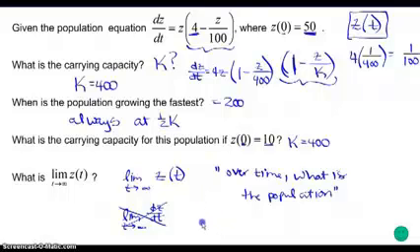And as time rocks on, when we actually talk about what's happening to the members of our population, that population is going to hit carrying capacity. So carrying capacity means a lot for us in the logistic growth model. There's lots of other things that we're going to be asked, but this is enough for us to get started with a logistic growth model.